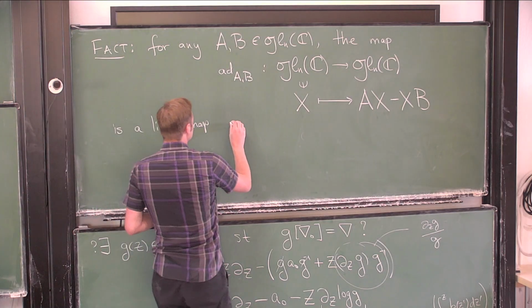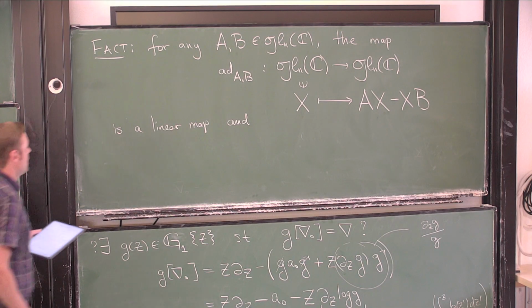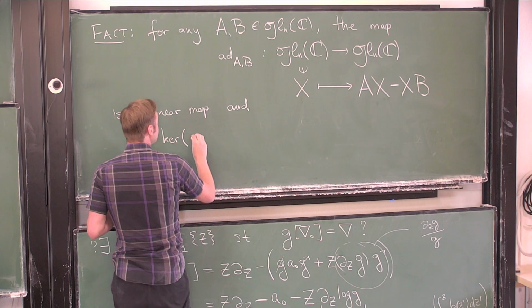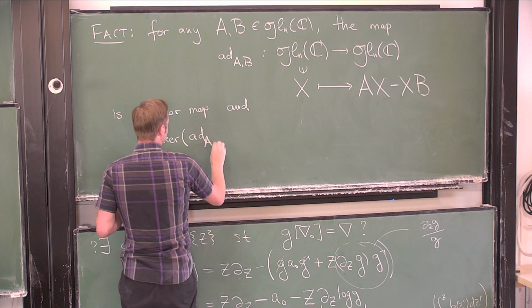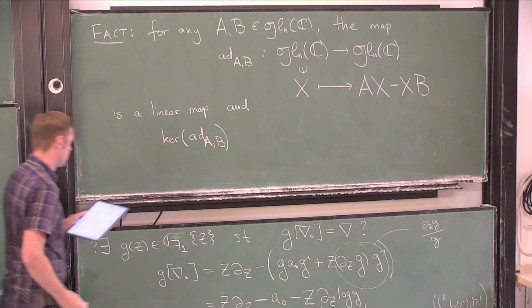But what's not obvious is that the kernel of this map has a very important property which will be very helpful for us.